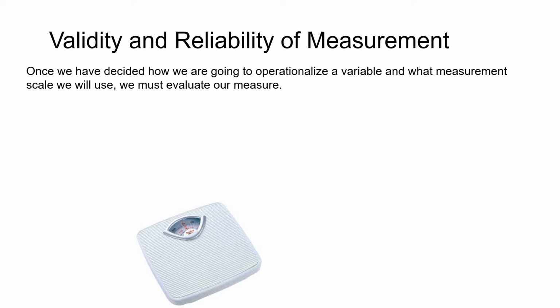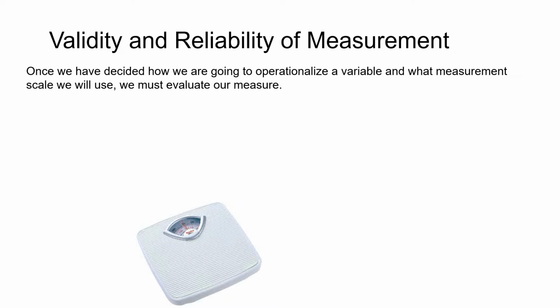So in the last lecture, we talked about how to operationalize variables and then what measurement scale to use. Now, to take that one step further, we now must evaluate our measure. You can't just decide to use a measure and then not make sure you're using a measure that would be correct, a measure that would be the optimal way or correct measure to use.